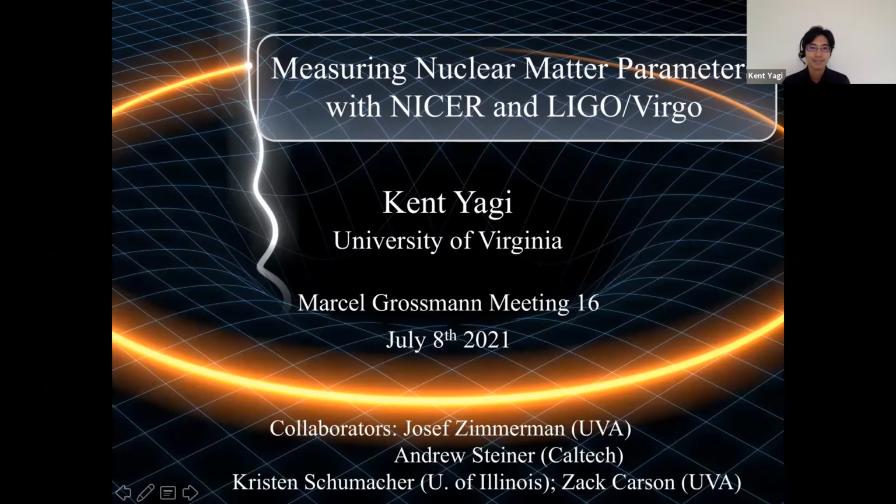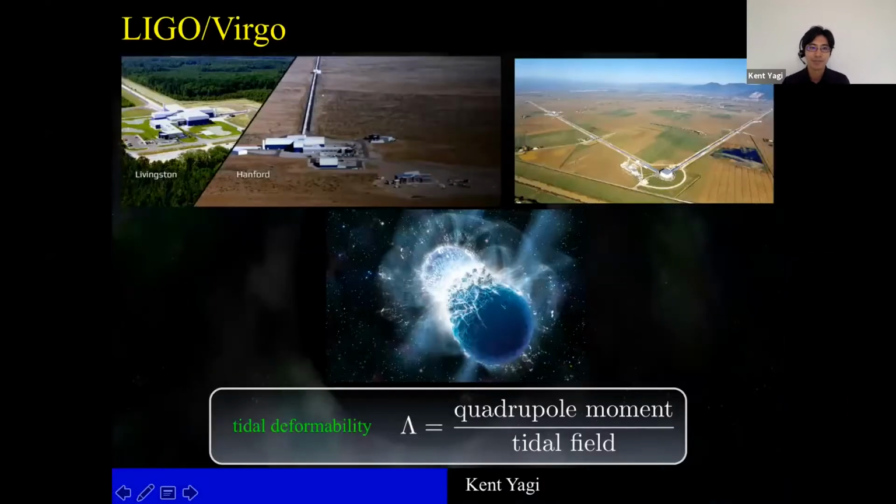To get started, I'm sure you know that the LIGO-Virgo collaboration has measured tidal deformability through gravitational wave observations. Tidal deformability, to remind you, is the ratio between the tidal induced quadrupole moment of a neutron star and the tidal field strength created by a companion. I denote the tidal deformability by lambda.